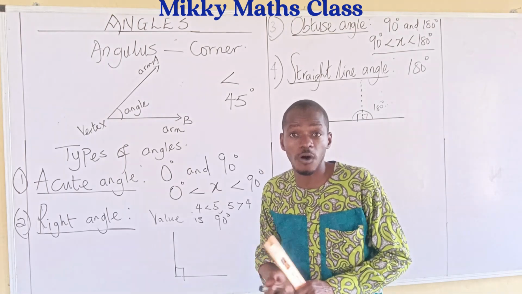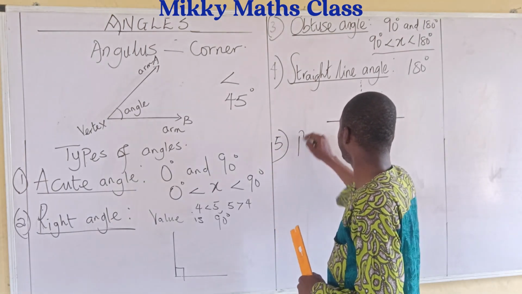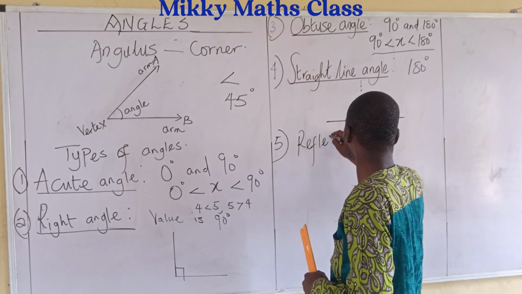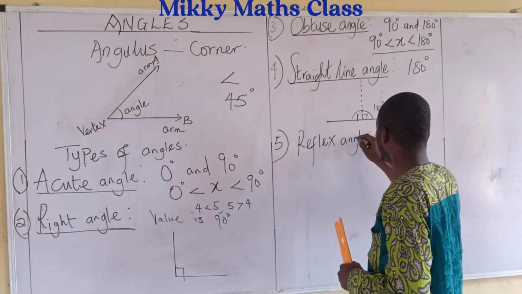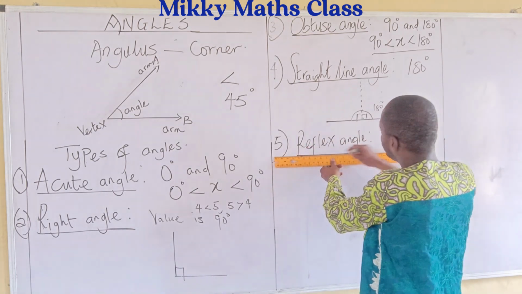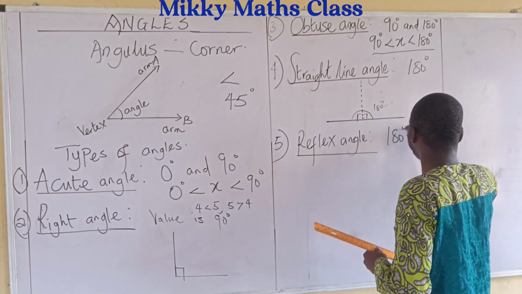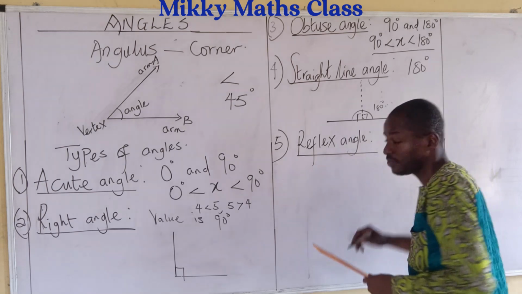And the last one, we have the reflex angle. Now, the reflex angle is one that lies between 180 degrees and 360 degrees.